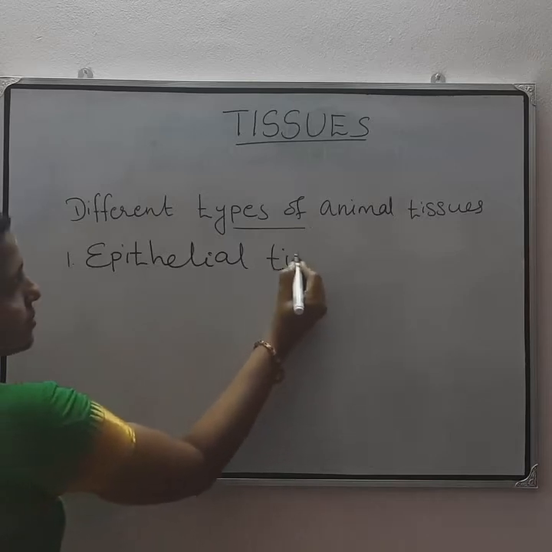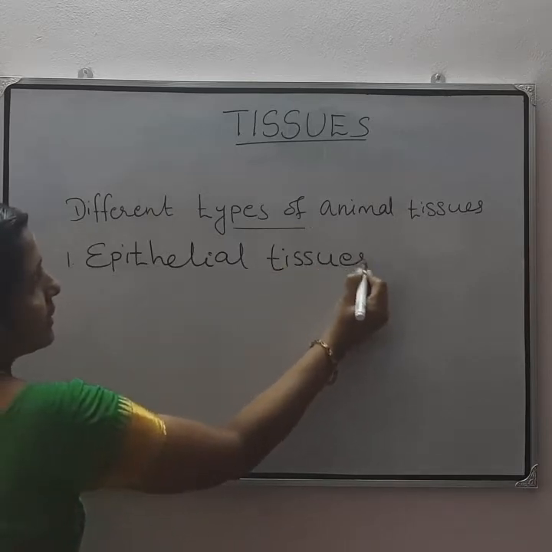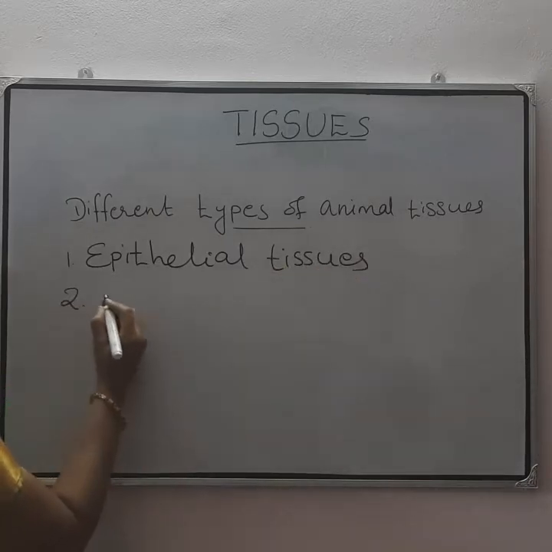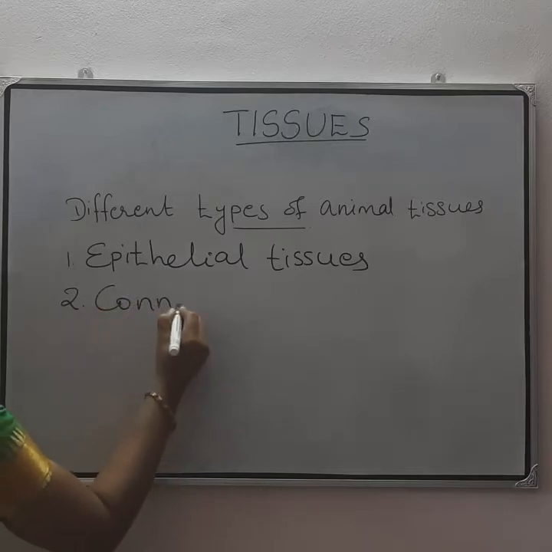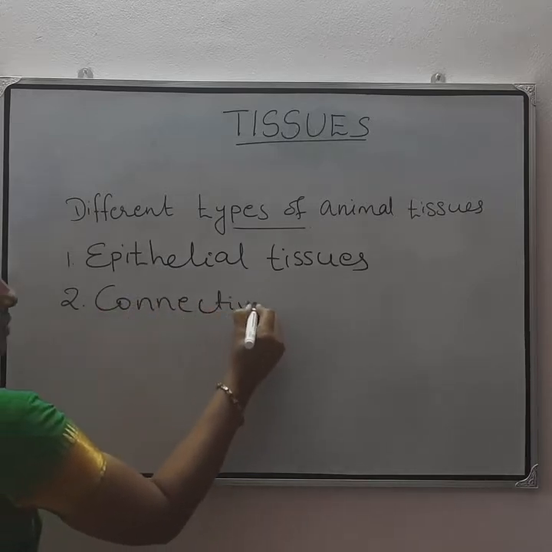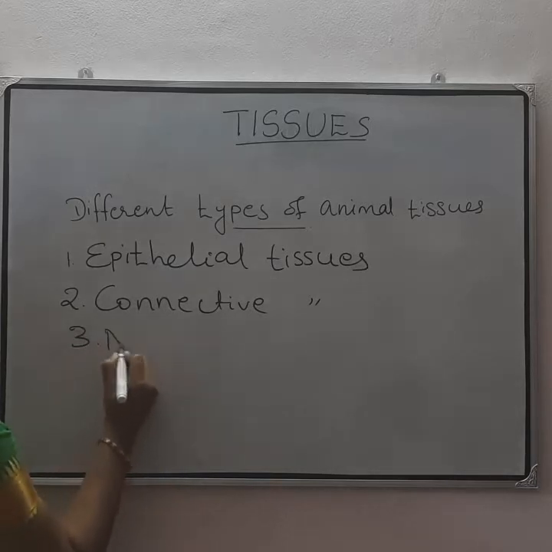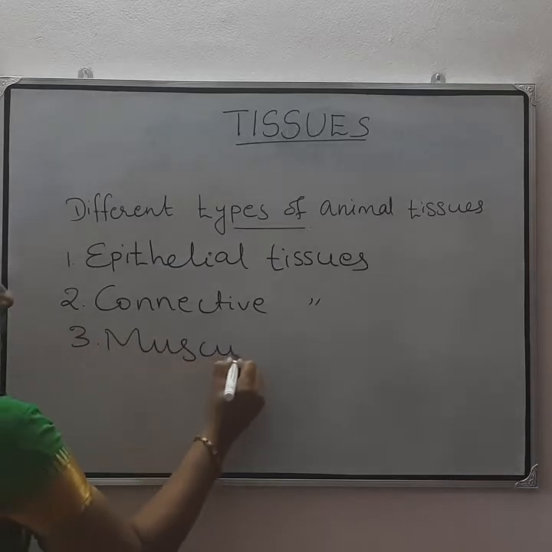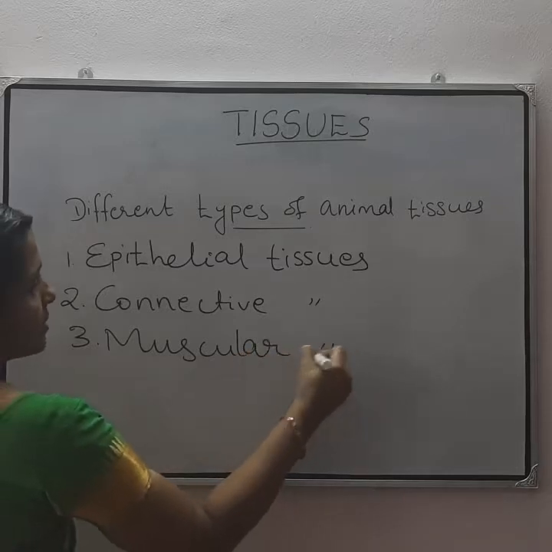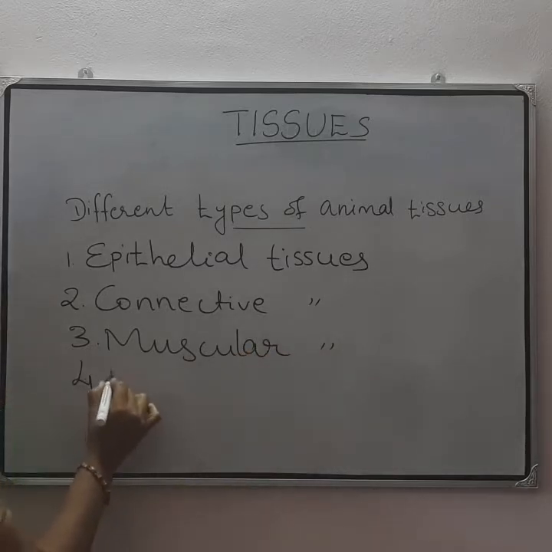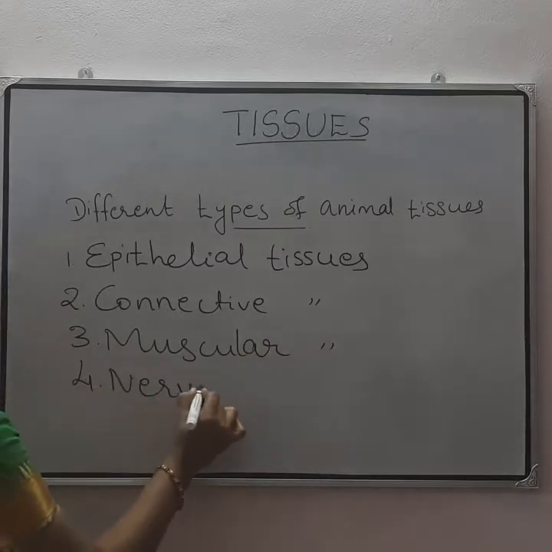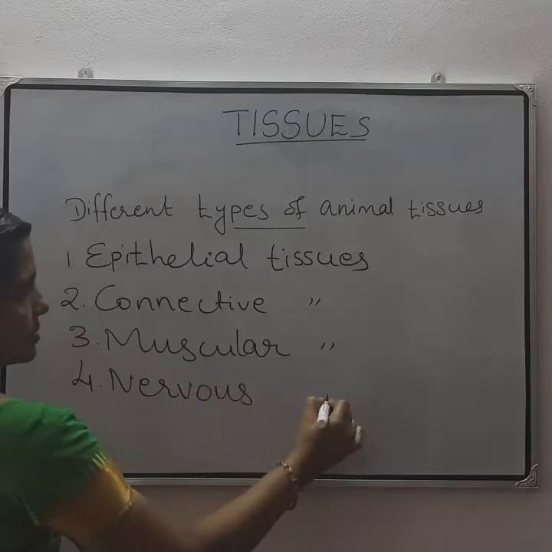Epithelial tissues. Second one is connective tissues. Third one is muscular tissues. And the fourth one is nervous tissues.